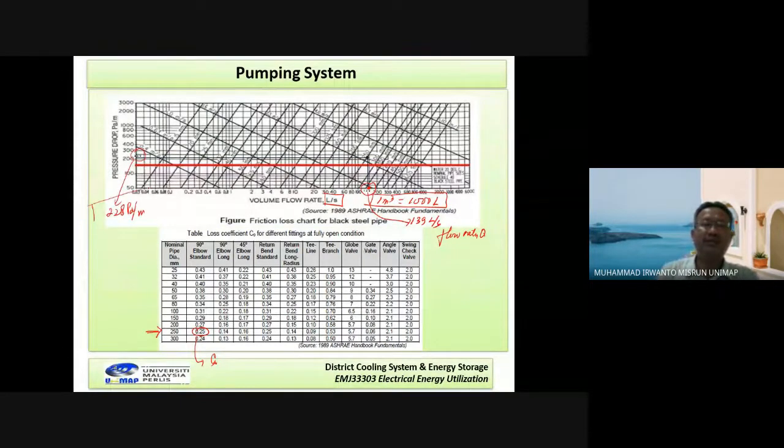We obtain here the delta P friction with the length of the pipe 150. Per meter, so for 150 it should be multiplied by 150 meters.